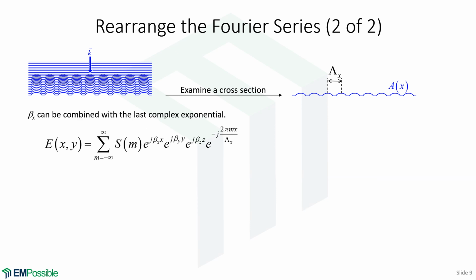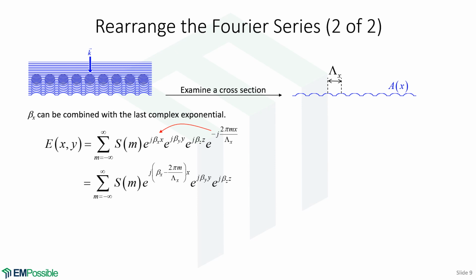So notice we have two exponentials that are a little bit alike. Here's a complex exponential that's multiplying an x, and another complex exponential with another x inside here. So what we're going to do is combine these two exponentials that have the x in the exponent. So now we have an e to the j something times x, e to the j something times y, and e to the j something times z.